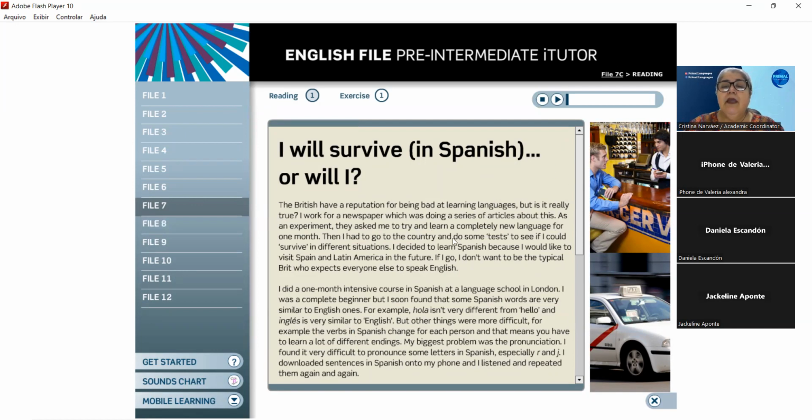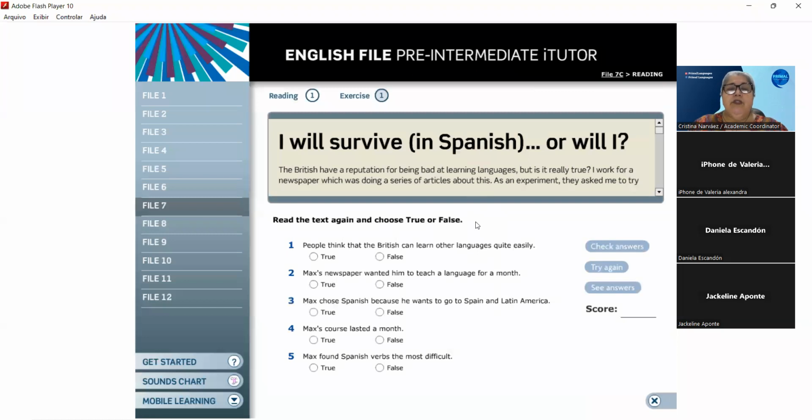Entonces, veamos aquí, vamos entonces a responder el ejercicio. Let's answer some questions. So, number 1, please, Valeria, can you read the sentence number 1 and tell me if it is true or false?